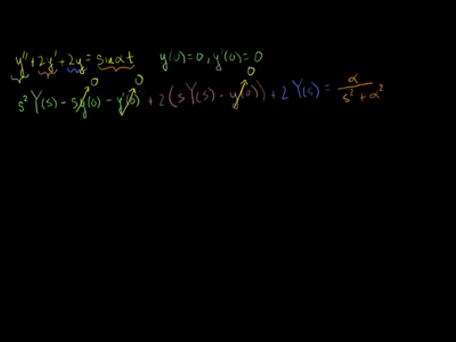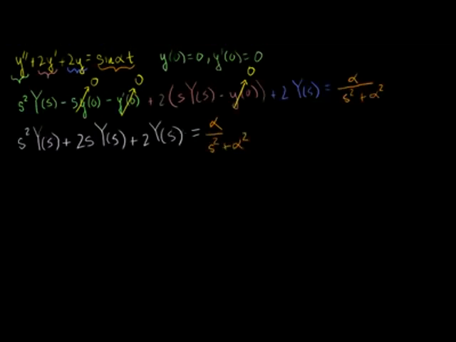So our whole expression just becomes s squared times Y of s plus 2s Y of s, that's that term right there, plus 2 Y of s is equal to, the right hand side, alpha over s squared plus alpha squared.